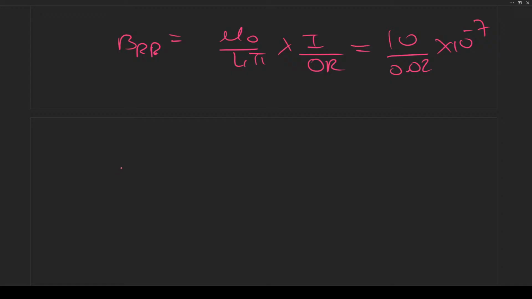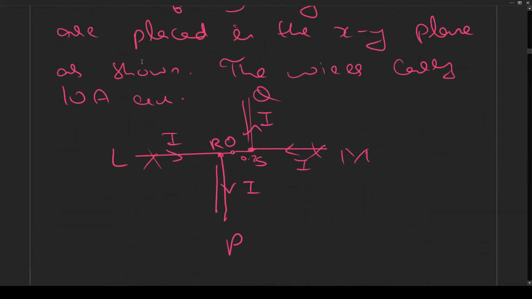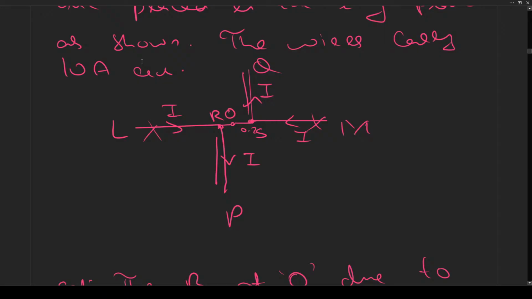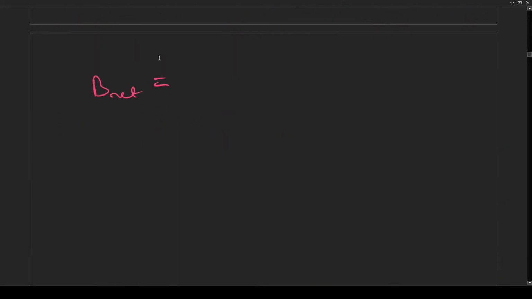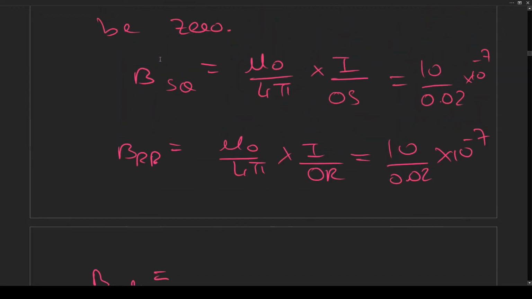If we add both of them, B net is equal to, both are acting in the same direction. If we use the right hand thumb rule, at this point, due to this, it is this, and due to this as well, it will be in this direction, coming out of the screen. So both in the same direction, we can add them both.